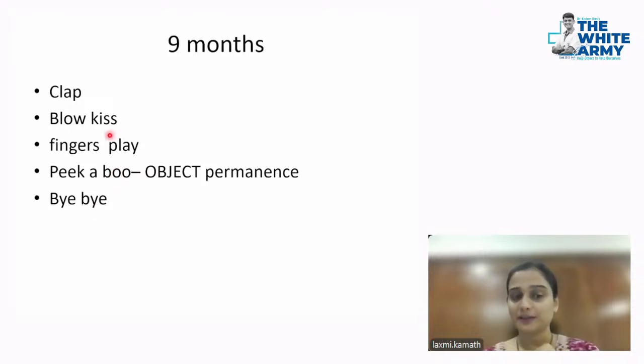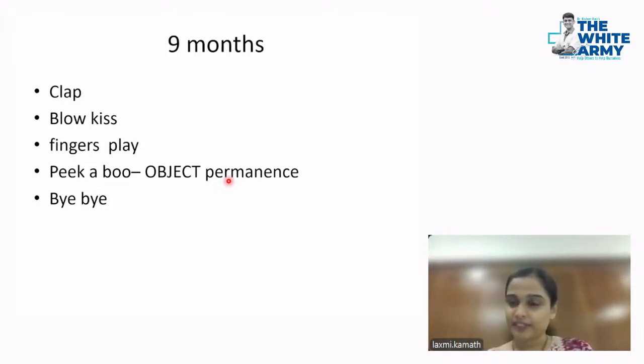Peekaboo tells that there is object permanence. Till 9 months, whatever is in front of the baby, that object is there. Whatever is not in front of the baby, the object is probably not there. That is what the baby thinks. Object permanence means even if the child is not seeing mother or an object, it still believes that the object continues to stay behind the obstruction, behind the cloth that is used for the peekaboo game.